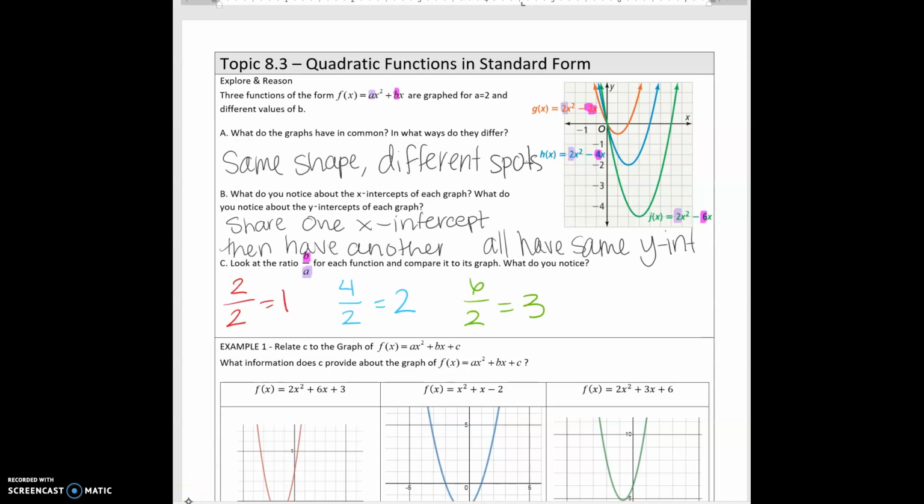Okay, so again, you could have many other different answers here because there is really no right or wrong, since it's just what do you think they have in common, what do you think they differ in.